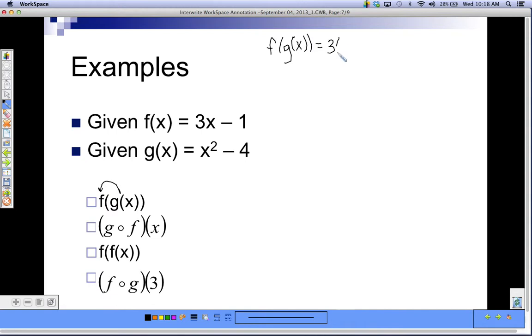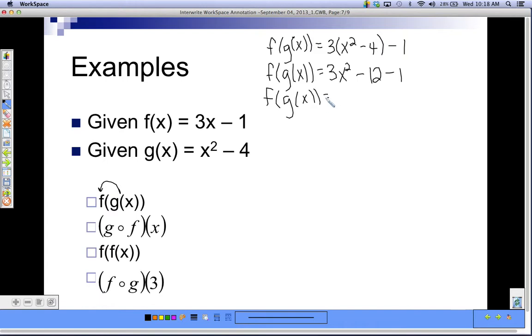Right away I see my x, so this becomes x squared minus 4. And then minus 1. So f of g of x equals 3x squared minus 12 minus 1. So f of g of x equals 3x squared minus 13.